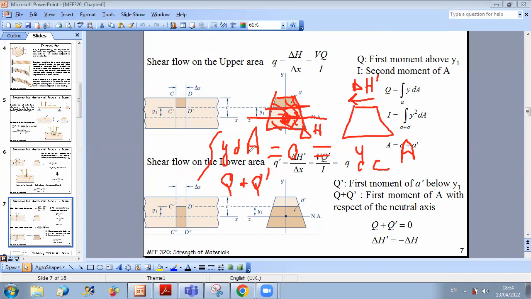Since the summation of these two covers the whole area, it is equal to integral y dA over the whole area, which equals 0. So Q is equal to minus Q prime. And of course, this is expected because by action-reaction, delta H prime is equal to minus delta H. So whenever you do an analysis, if I consider the upper area, I can deduce the shear flow on the lower area.